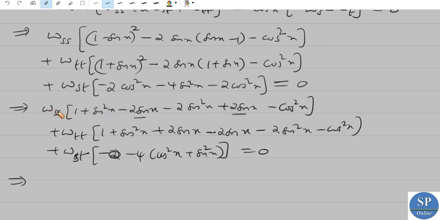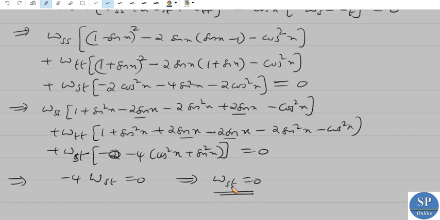So the coefficient of w_ss is 0, and here also minus 2 sin x plus 2 sin x cancelled, and minus 2 sin square plus sin square is minus sin square minus cos square, so minus 1 plus 1 equal to 0. So this also 0, and here is minus 4. So from this we get minus 4 w_st equal to 0. So this implies w_st equal to 0.